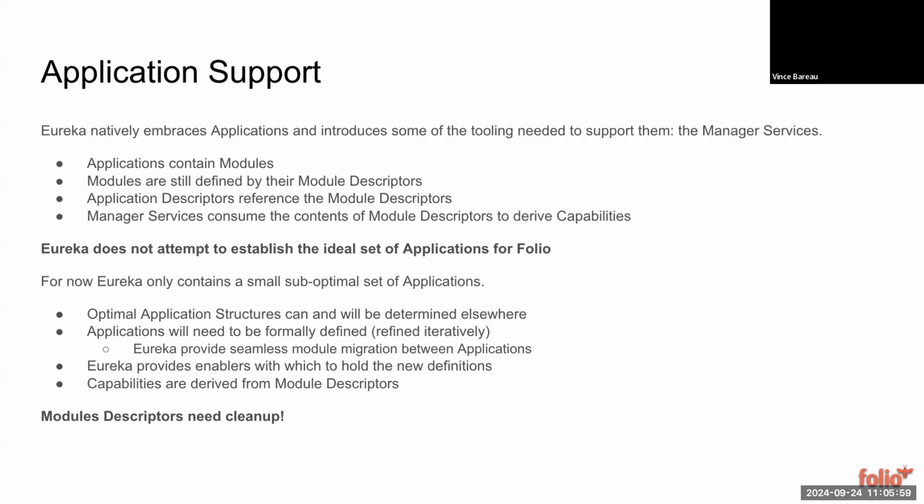For example, let's imagine an application login that contains only one module, mod-login. You can have another version of this application, like application login with a custom Keycloak implementation. Inside of this application, you can put your own implementation of this module, and it will be compatible for all other applications that depend on it. That's my question. Thank you so much.